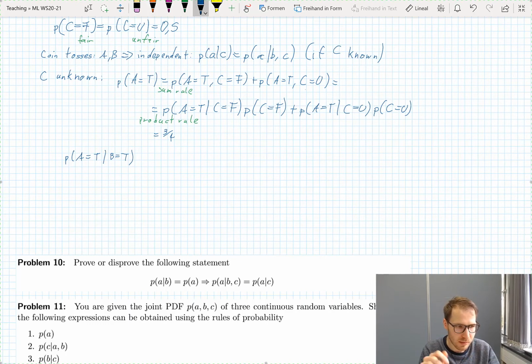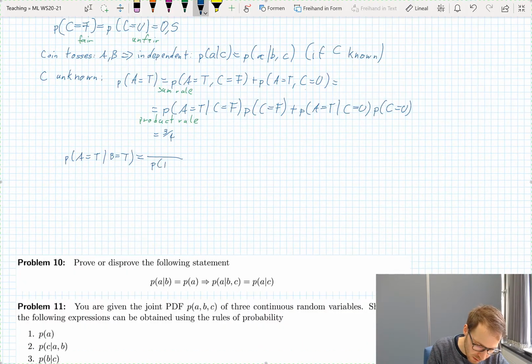So here we basically switch up the product rule. So we divide by the P of B. So P of B equals tails goes into the lower part, and then we have this up here.